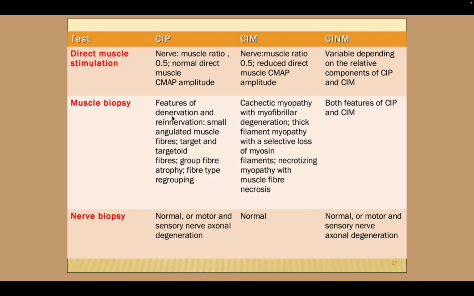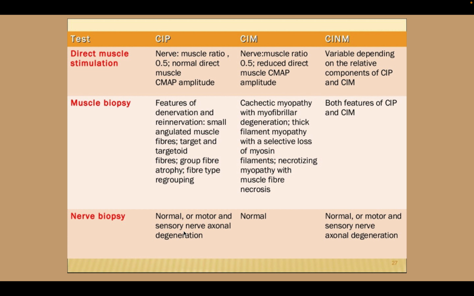In muscle biopsy, you can have features of denervation and reinnervation in CIP, whereas you have cachectic myopathy with myofibrillar degeneration and thick filament myopathy with a selective loss of myosin filaments in CIM, and there could be both features of CIP and CIM in CINM.